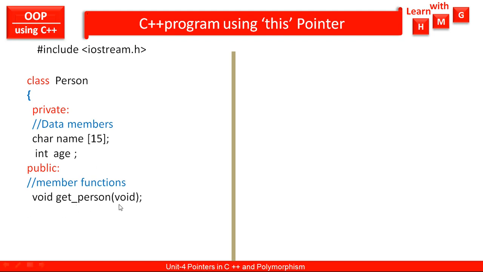This member function does not accept any argument, hence the argument is void, and it also does not return any value, hence the return type is also void. Second member function is putPerson, which will display the name of person and age of person. It also does not accept any argument, hence the argument is void, and also does not return any value, and hence the return type is void.